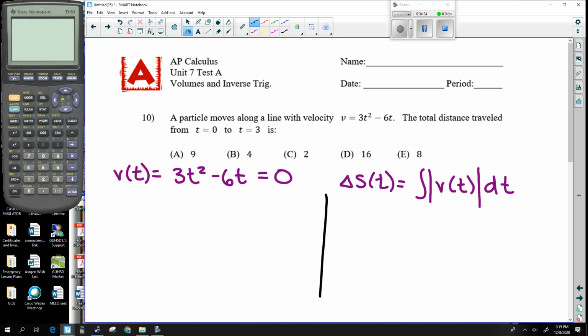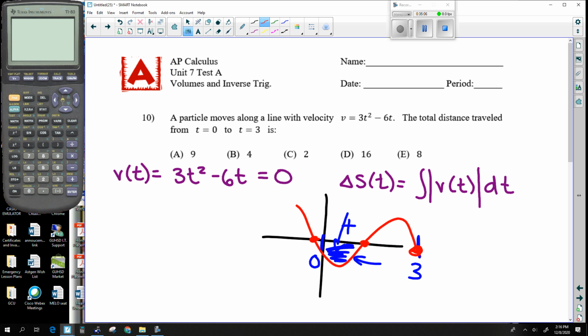Because if my velocity does something like this, and I'm supposed to integrate across, like, from 0 to 3 or something like that, like I'm supposed to do here, if I have a negative velocity, that is going to take away distance. So I need to find where is this negative velocities, and then make that negative area positive. So I need to know where are these velocities equal to 0 so I can make those distinctions.